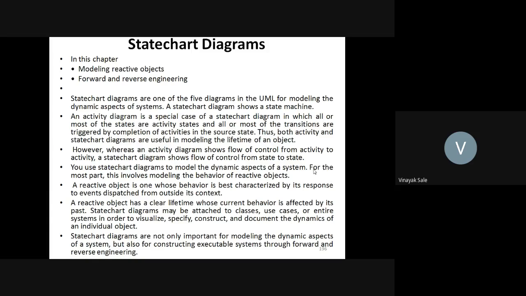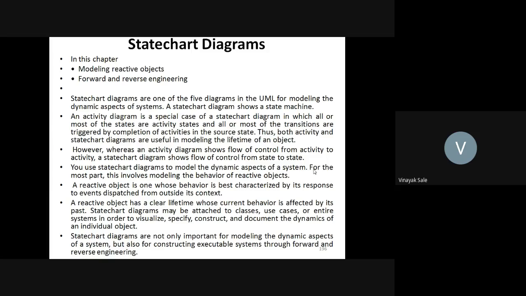Thus, both activity and state chart diagrams are useful in modeling the lifetime of an object. However, whereas an activity diagram shows the flow of control from activity to activity, a state chart diagram shows the flow of control from state to state.